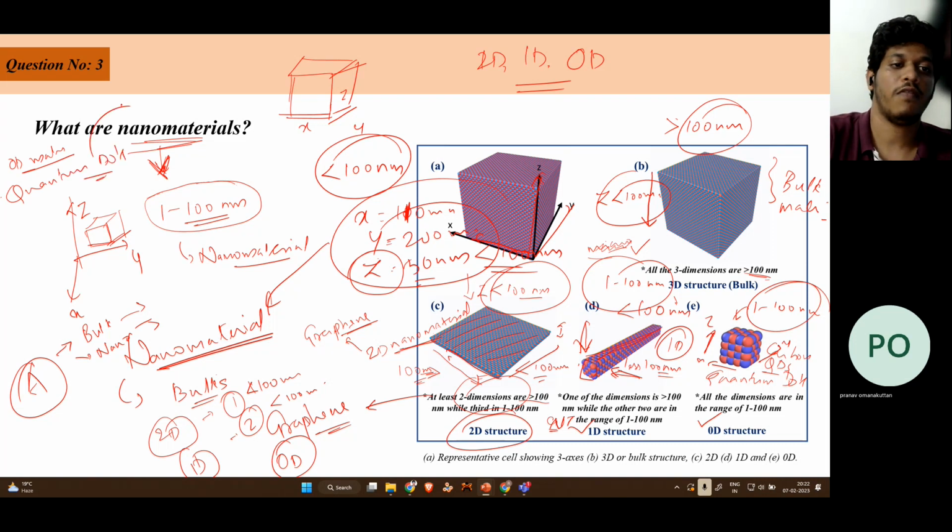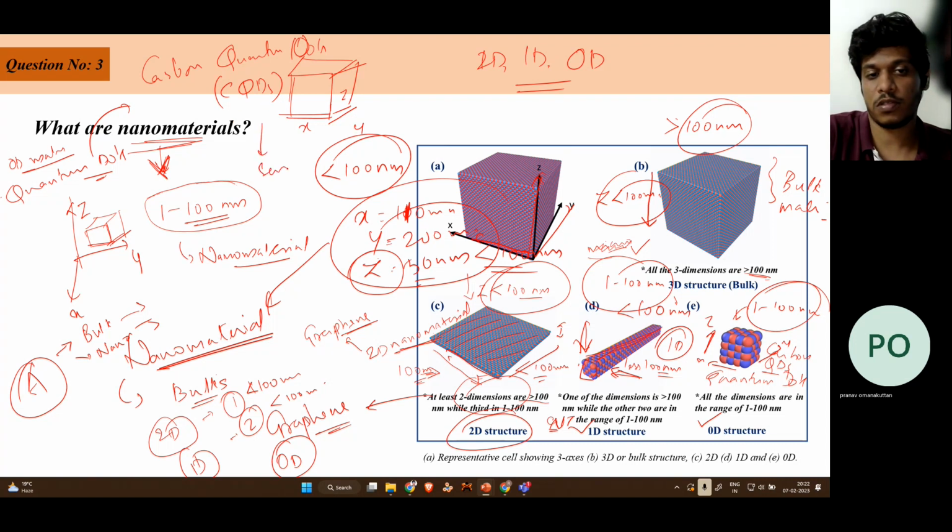For example, we can have carbon quantum dots. It's also called CQDs. CQDs have tremendous applications in various aspects, ranging from sensors to other applications.